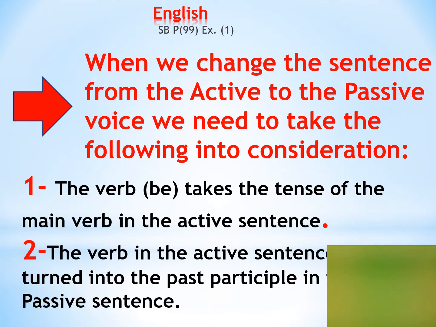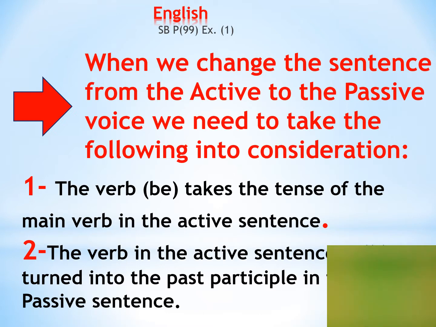When we change the sentence from the active voice to the passive voice, we need to take the following into consideration. The first thing is the verb. Be should take the tense of the main verb in the active sentence.